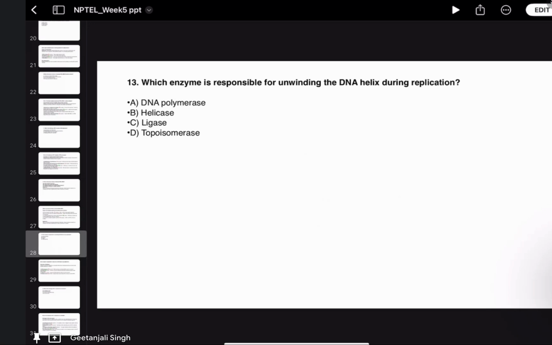Which enzyme is responsible for unwinding the DNA helix during replication? A. DNA polymerase. B. Helicase. C. Ligase. D. Topoisomerase.